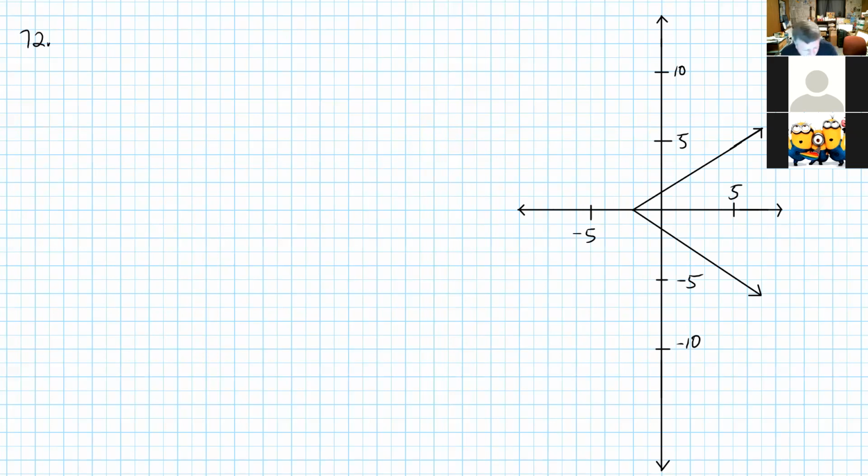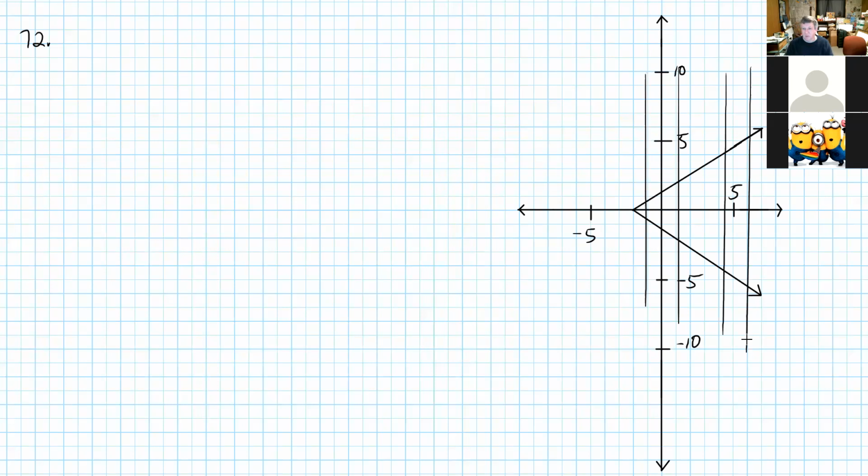So we're going to use what's called the vertical line test, okay? What the vertical line test says is this: if this is a function, we can draw vertical lines anywhere we want through the graph, and it should never cut through the graph more than once. Well, it does. So this is not a function.